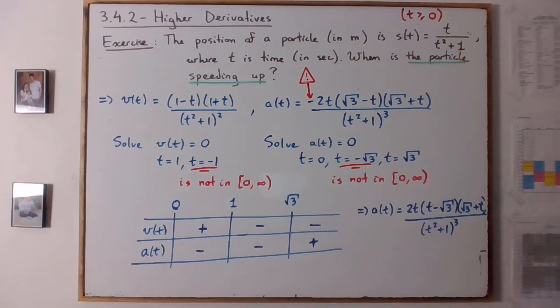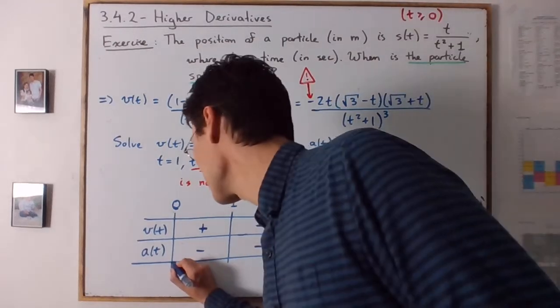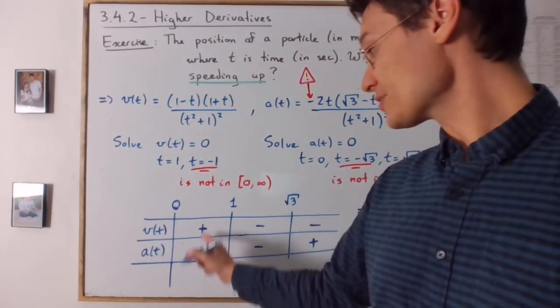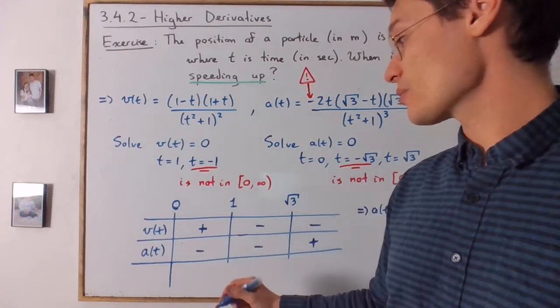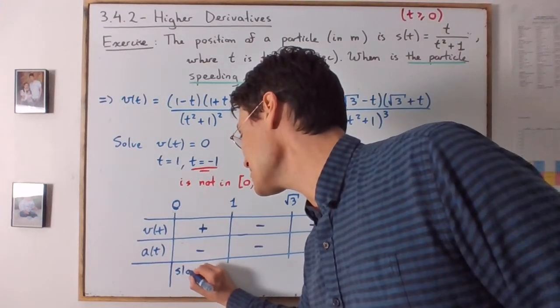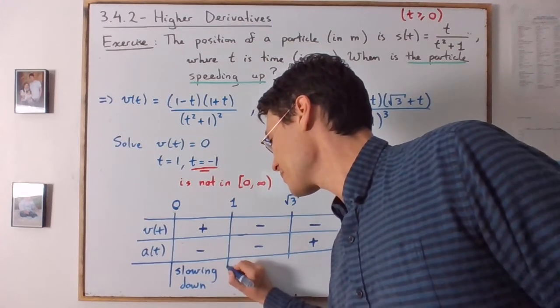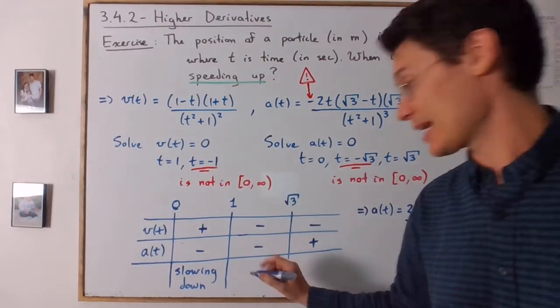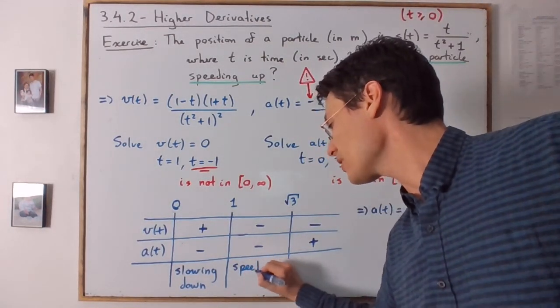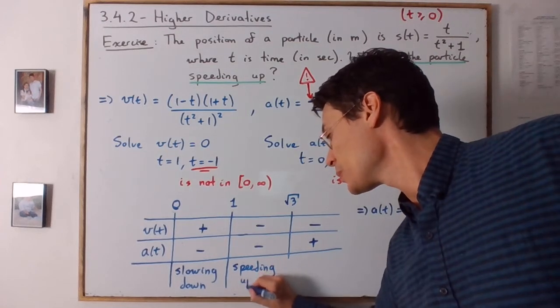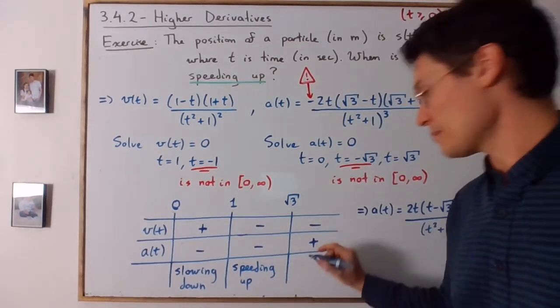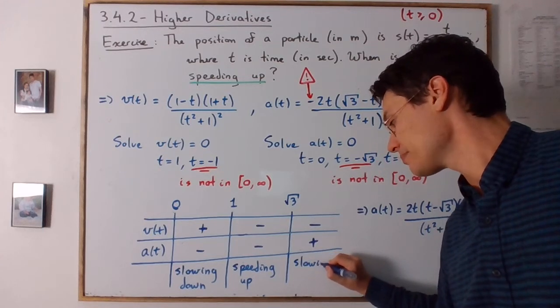All right, that's all good. So then what's happening? In this interval, the velocity and the acceleration don't have the same sign, so this means that our particle is slowing down. In this case, they have the same sign, so it means that our particle is speeding up. And finally here, the particle is also slowing down.